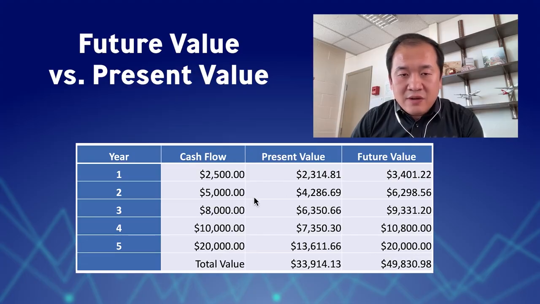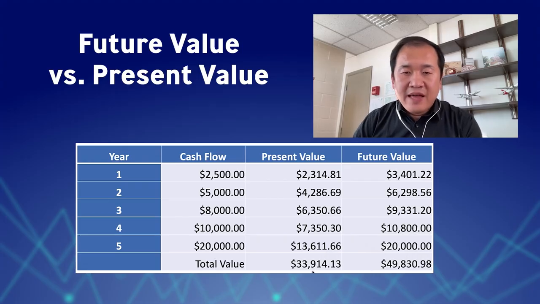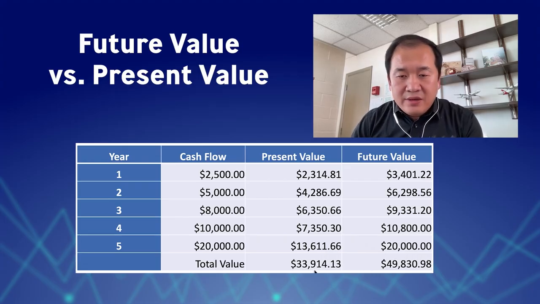And you do the rest for 5,000, 8,000, 10,000, 20,000 received at the end of years 2, 3, 4, and 5. You will be able to convert this series of cash flows into present value, which is the beginning of year 1, or to future value, which is the end of year 5. The total present value will be $33,914.13.